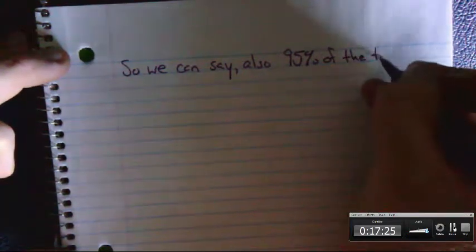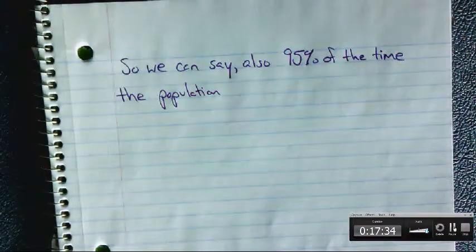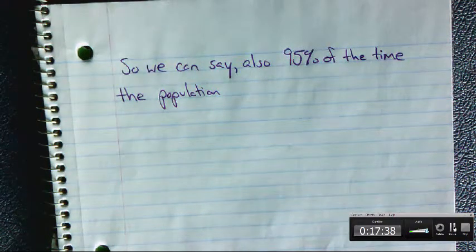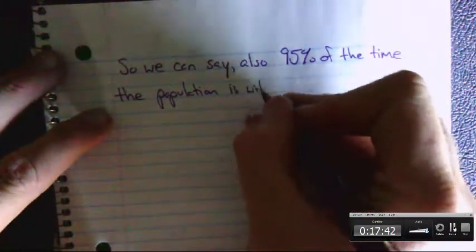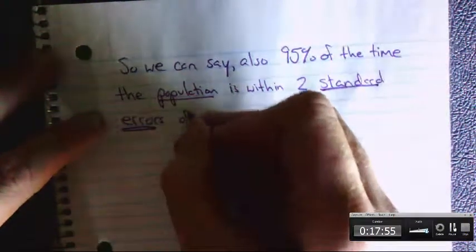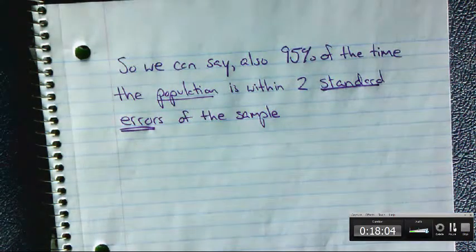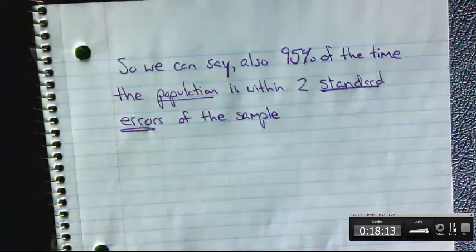So what we can say also is 95% of the time the population is within 2, and guys, there's a little change in wording right now, 2 standard errors of the sample.